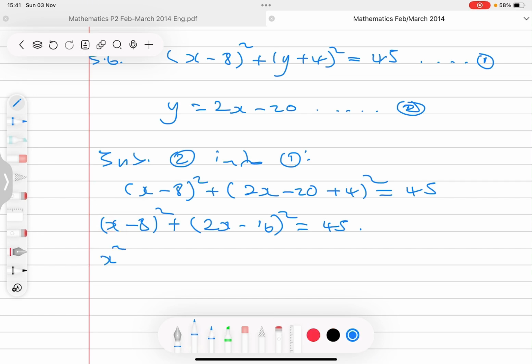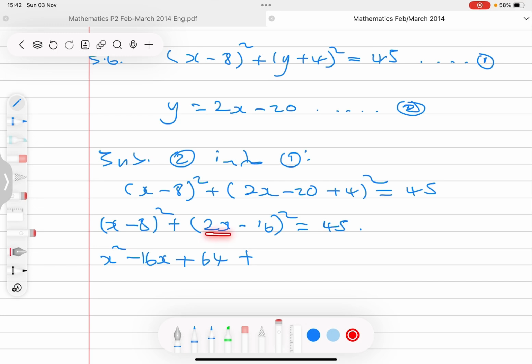So it's going to be x squared. Then we take the 2, multiply it by the x, and multiply by the 8 as well. So I have 2 times x, which is 2x, times negative 8, so that should give me negative 16x. And then the last thing is that we square the 8. When you square 8, it's a positive number, and it should be 64.